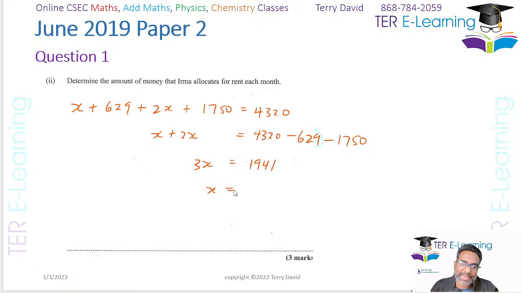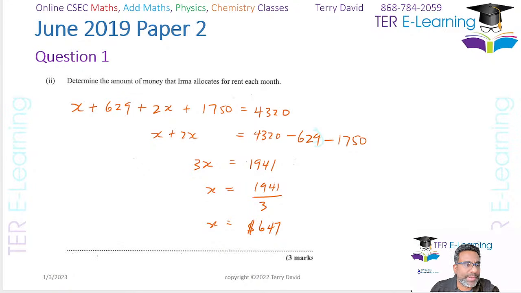Right? So therefore x is equal to 1941 all over 3, and you're going to get $647. Right, so that is part 2.